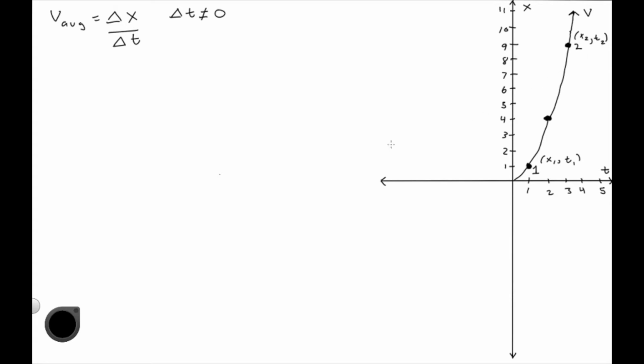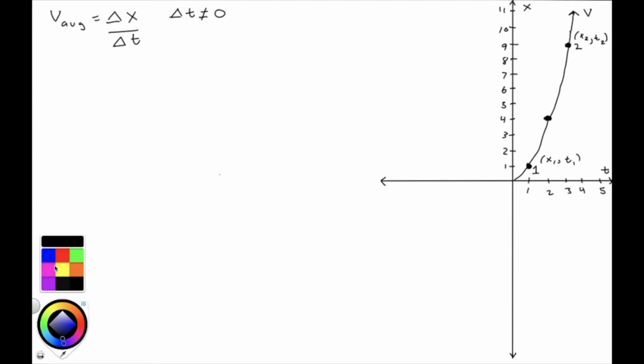And so between point 1 and point 2, the object has changed both its position and its time. The displacement, or rather the distance traveled, is delta x, and the time traveled is delta t.